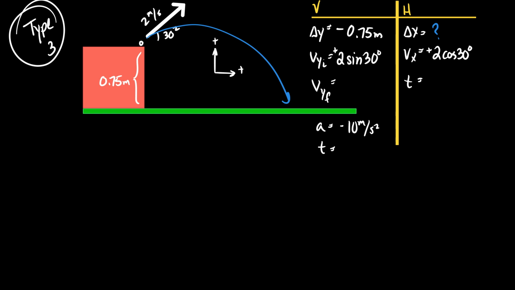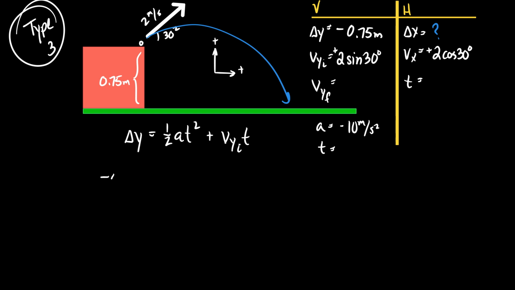Here is why these are hard. In this problem, if I want to find the time, I'm still going to be using delta y equals 1/2 at squared plus vy initial times t. There's no zeros, right? You see that I don't have a zero to put in anywhere.